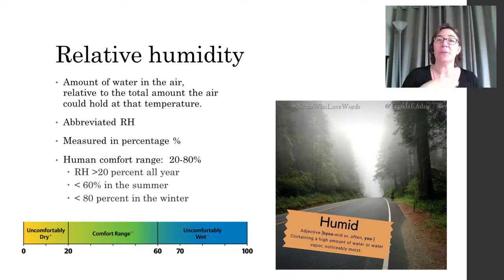In general, you definitely want to be above 20%. And the top range kind of varies with the temperature and the season. You want to be below about 60% in the summer, below about 80% in the winter. Again, remember this will make roughly 80% of the people comfortable.